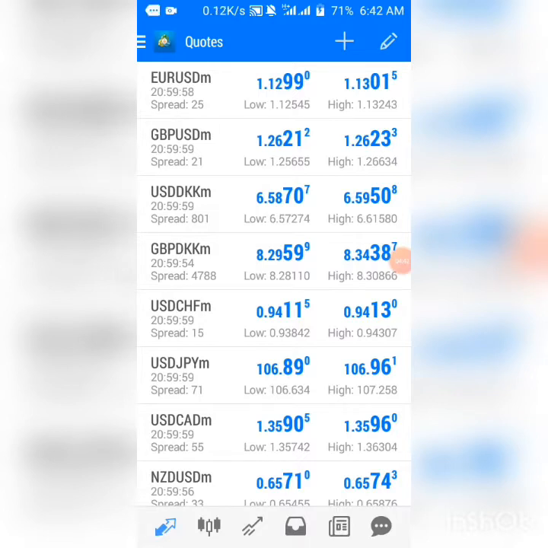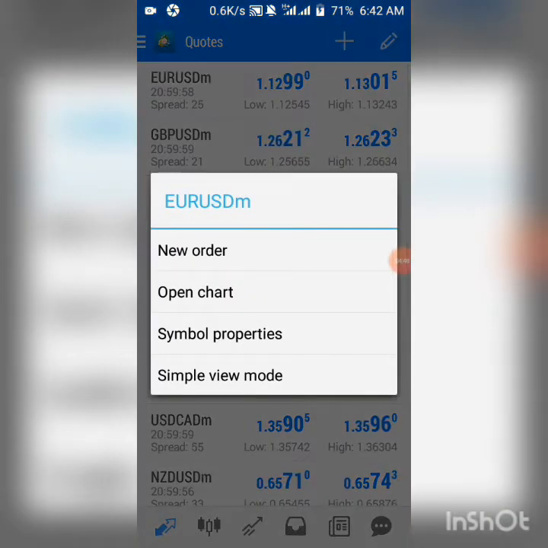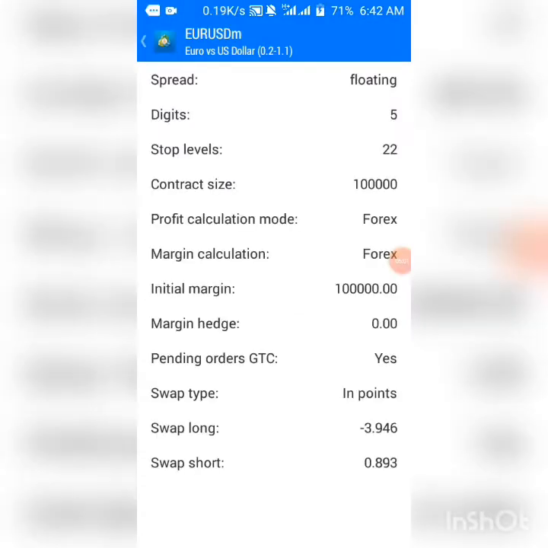So let's look at symbol properties for Euro USD. I press down on Euro USD and I can see this prompt. So I'll press on symbol properties.